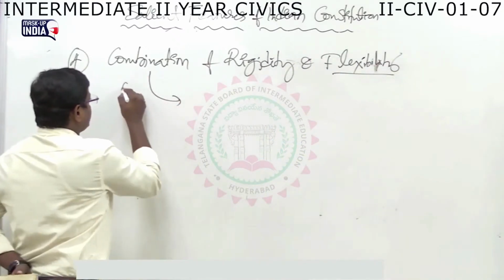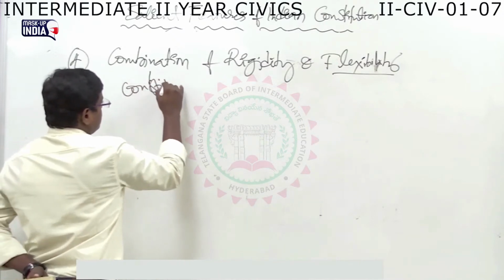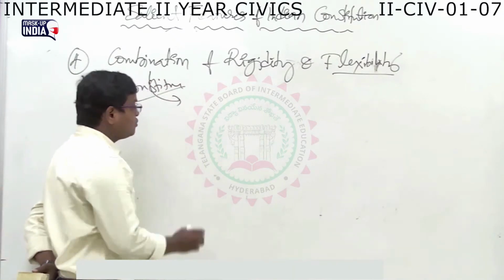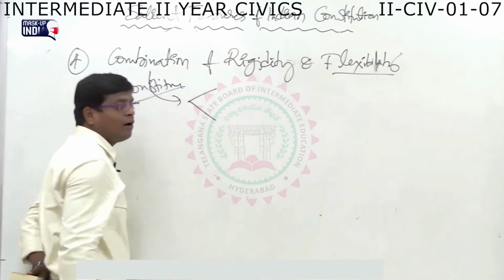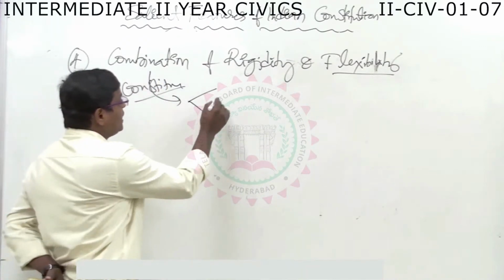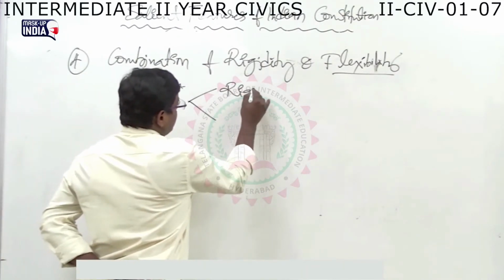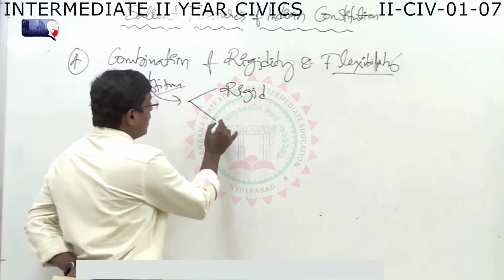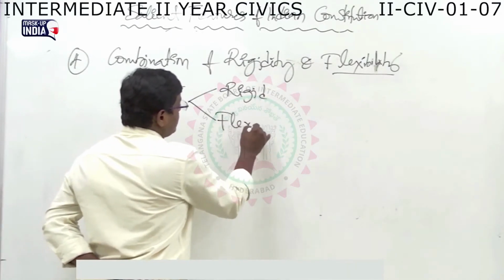Constitutions are classified into two types on the manner of amendment procedure. One is the rigid constitution. Another one is the flexible constitution.